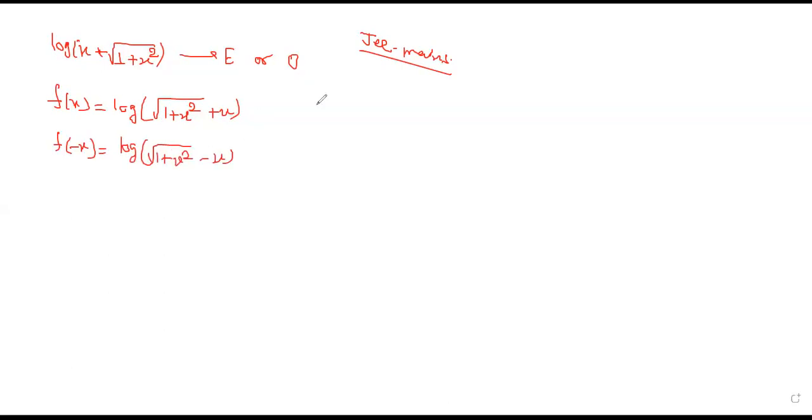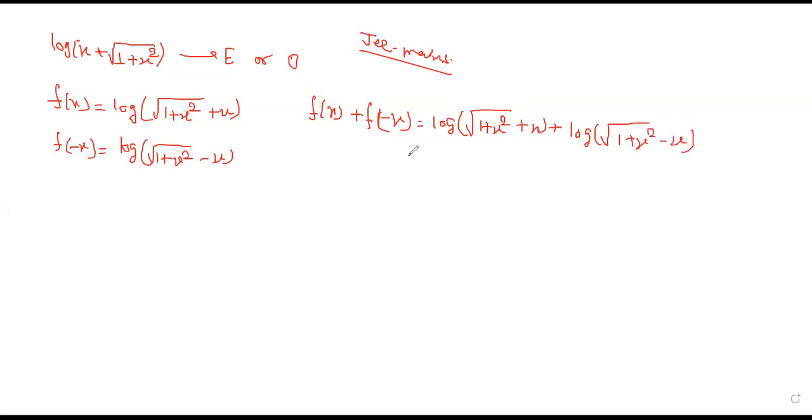Now, f(x) plus f of minus x. It will be log of square root of 1 plus x square plus x, plus log of square root of 1 plus x squared minus x. You know that log m plus log n is equal to?